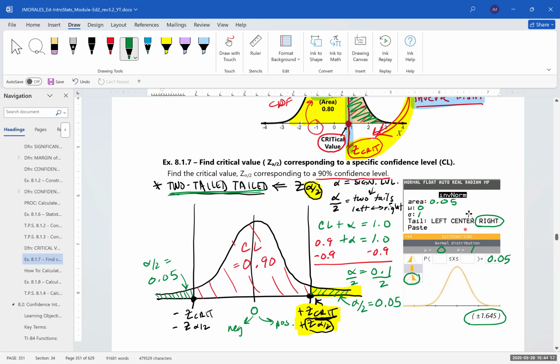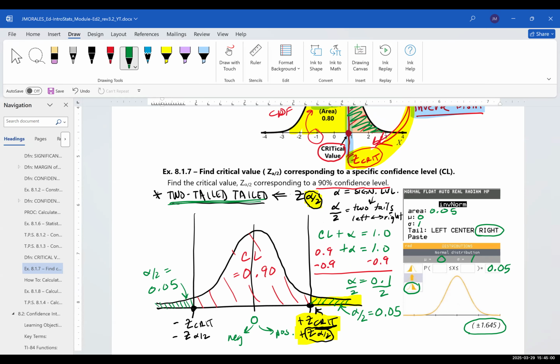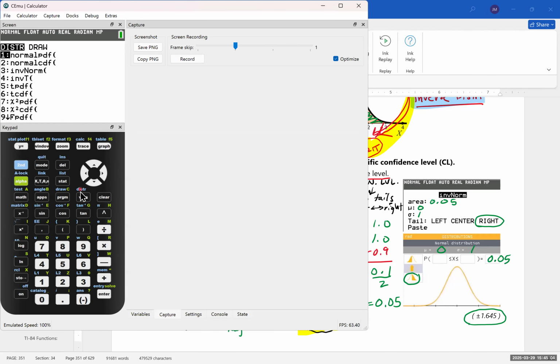Now, if we wanted to use center, then we have to use this center confidence level area of 0.9. So here we are, second vars key, that gets us to the distribution menu, inverse norm, and now an area of 0.9. And this time I'm going to put center, come down and hit paste.